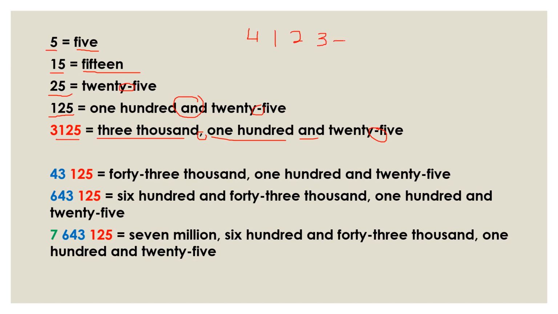How to read the number 4,123? Next here, 43,125. 643,125. 7,643,125.